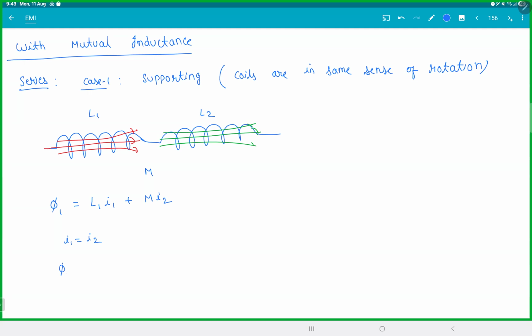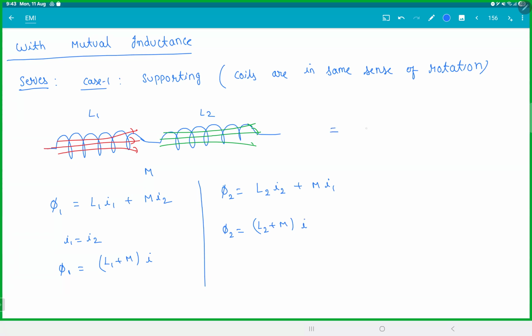Therefore, flux on the first coil will be L1 plus M into I. Similarly, for the second coil, self-inductance is L2 I2 plus mutual inductance M I1. Are you getting it? Till now we used to write flux is equal to Li. Now you'll write Li plus M i2. You have to include the flux due to the other coil. Same story here, current is the same. So this will become L2 plus M into I.